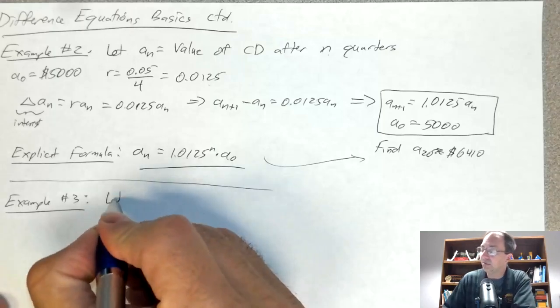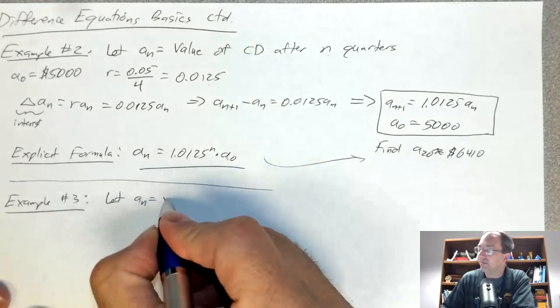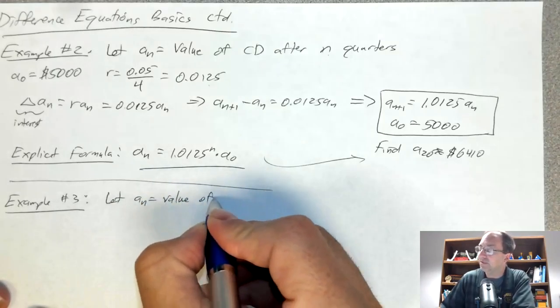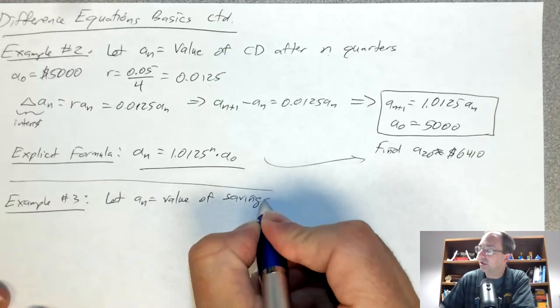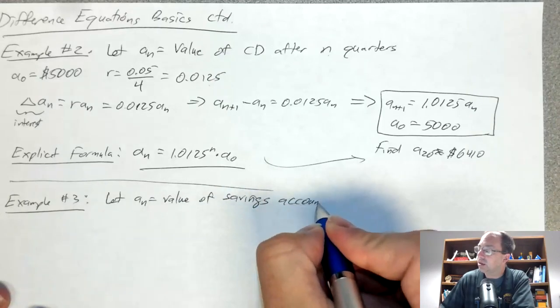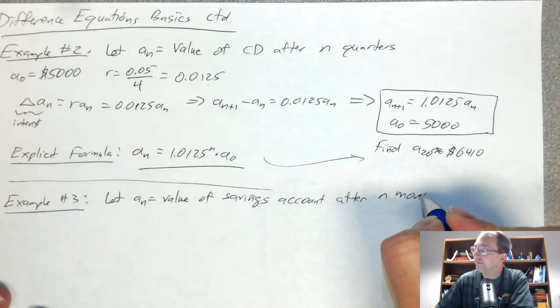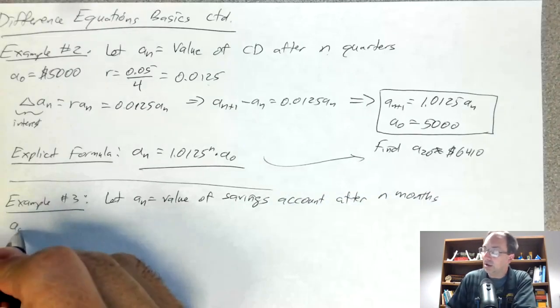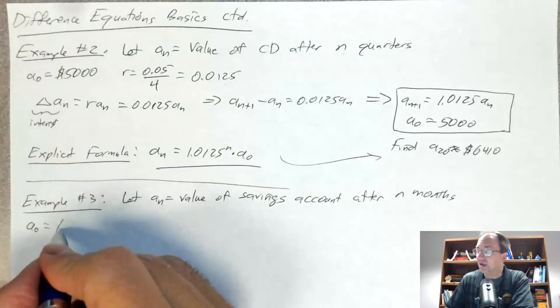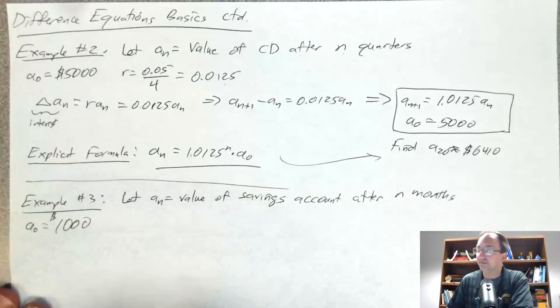So once again, we're going to let A sub n equal the value of the savings account after n months. And remember, we're starting with $1,000, so A naught is $1,000.